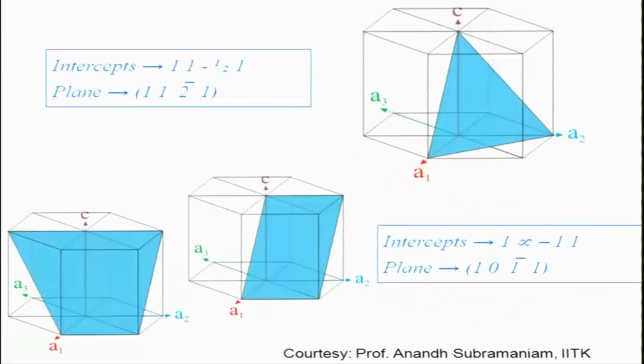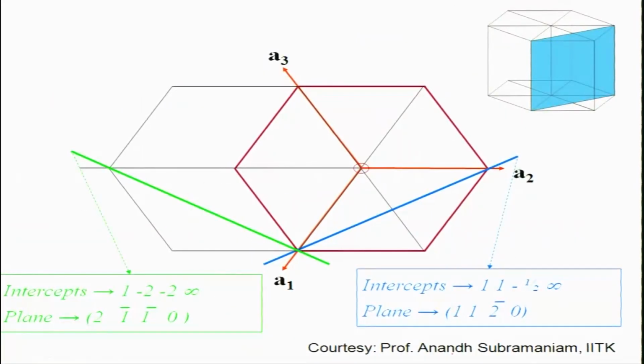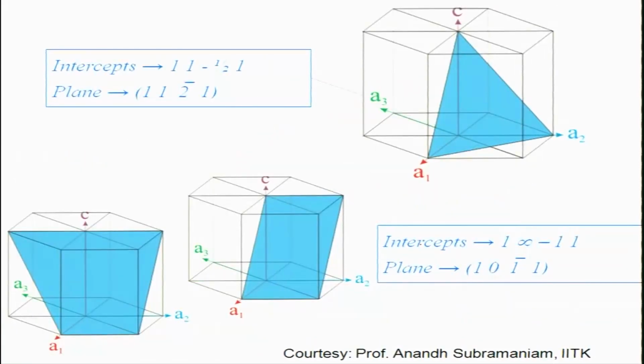So this is the other plane that we have drawn, 2 bar 1 bar 1 0. This is 1 1 bar 2 0. So similar planes you can draw here, and this plane is nothing but parallel to this plane, right, the one which is here. Okay. This is 1 1 bar 2 1, it will look like that, the one on top, 1 1 bar 2 1, and the one on the bottom is 1 0 bar 1 1, which is parallel to the A2 axis.